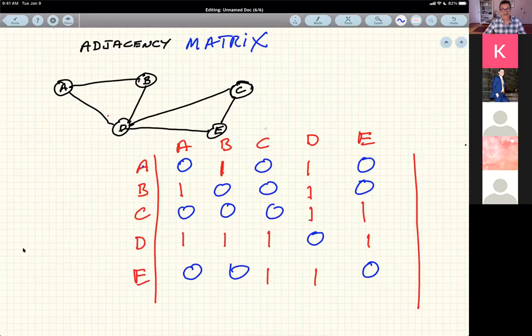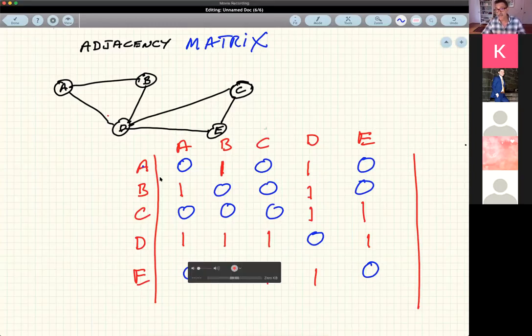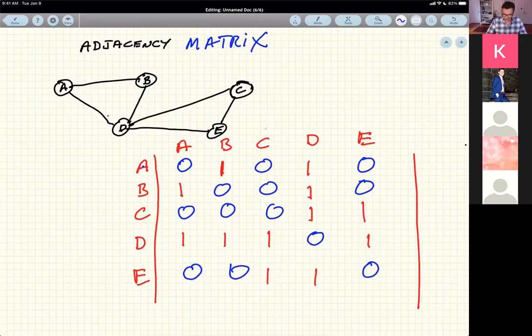Okay, so one of the major disadvantages of the adjacency matrix is that it can be very sparse. Here I have 5 by 5, 25 entries in this matrix. 1, 2, 3, 4, 5, 6, 7, 8, 9, 10, 11, 12, 13 of them are zero out of 25. That's more than half.